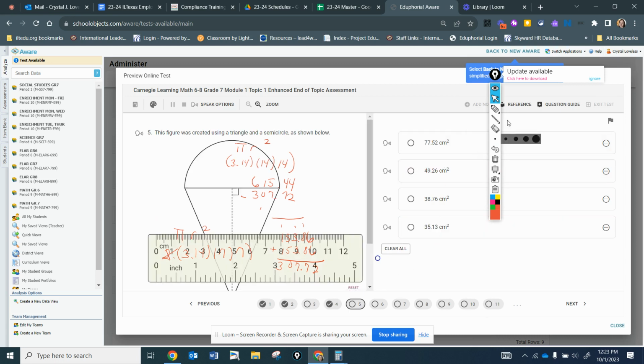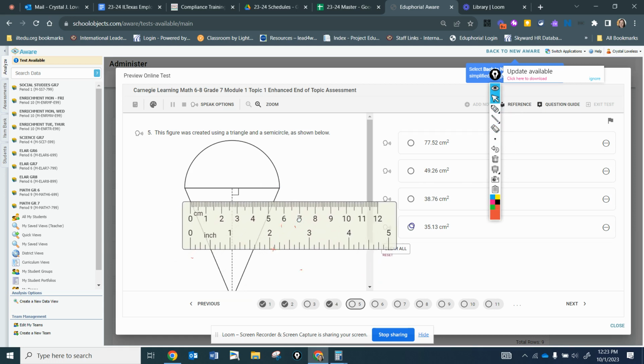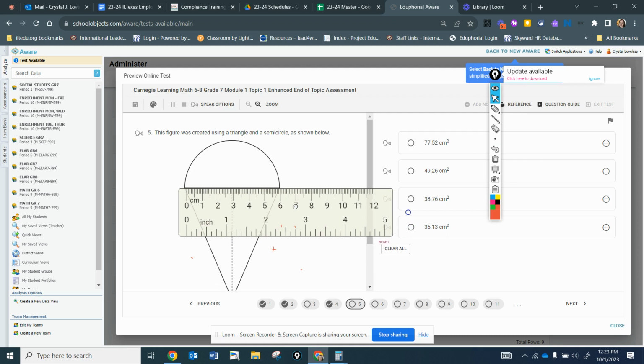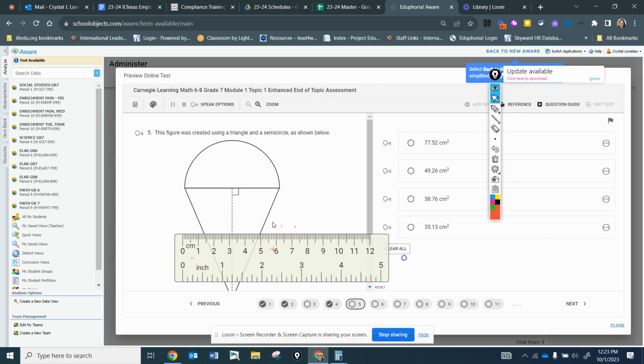Okay, and number 5. Number 5 is one where you have to find both the triangle and the half circle. Notice it's a semicircle. So I'm going to use my ruler to figure out what this line is. Started at 0, and this line right here is 6. So 6 is the base of my triangle, and it's also my diameter, because if I had a full circle, this line would go all the way across, which is my diameter.